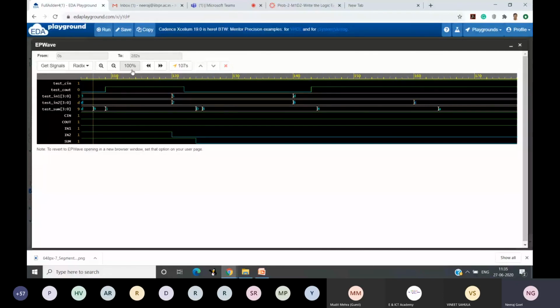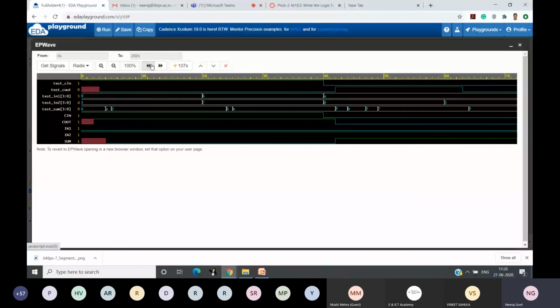Okay, you see a couple of interesting things here. When time was 0, for some initial time, my test output was undefined. We didn't know what the output was. It is saying it is X. X means it is not known what the output was.